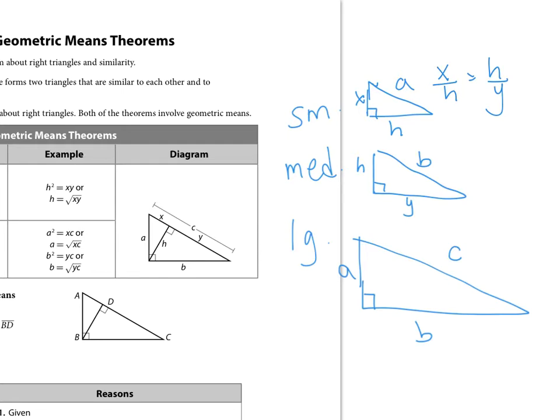To compare the small triangle to the large triangle, and let's this time compare our short leg to the hypotenuse, and again our short leg to the hypotenuse, we could set up x to a is going to equal a to c.